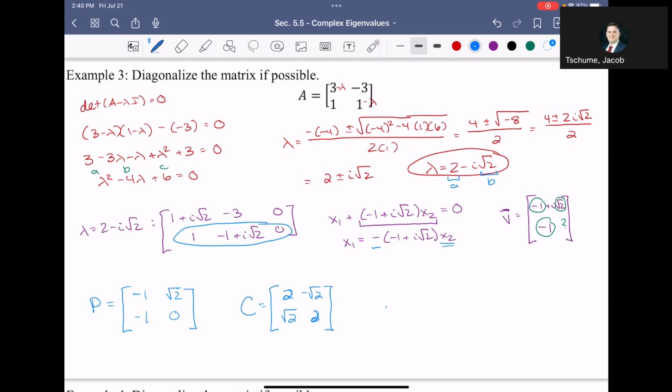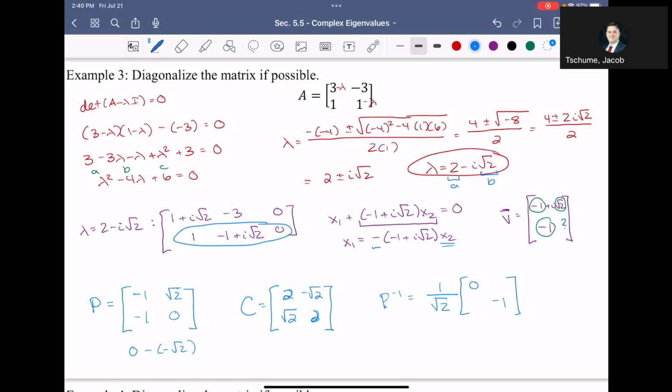And then finally, you want to find your P inverse matrix. So P inverse, just take the inverse of P by using our algorithm from chapter 2. That would be 1 over the determinant of P. If you find the determinant of P, that would be 0 minus a -root 2, which is just root 2. For the algorithm, you flip-flop the main diagonal. So we'll put a 0 up top and a -1 at the bottom right.